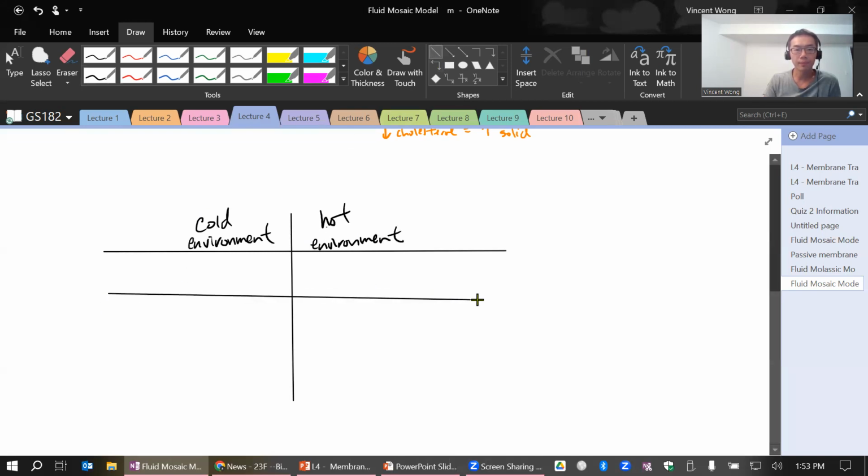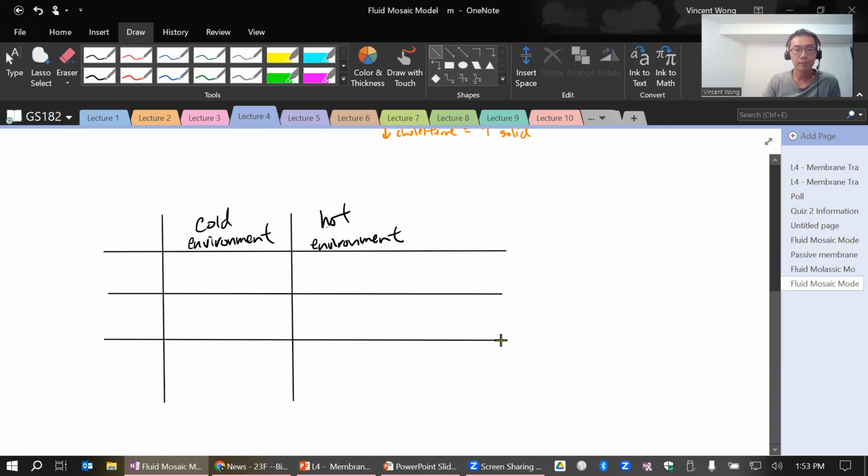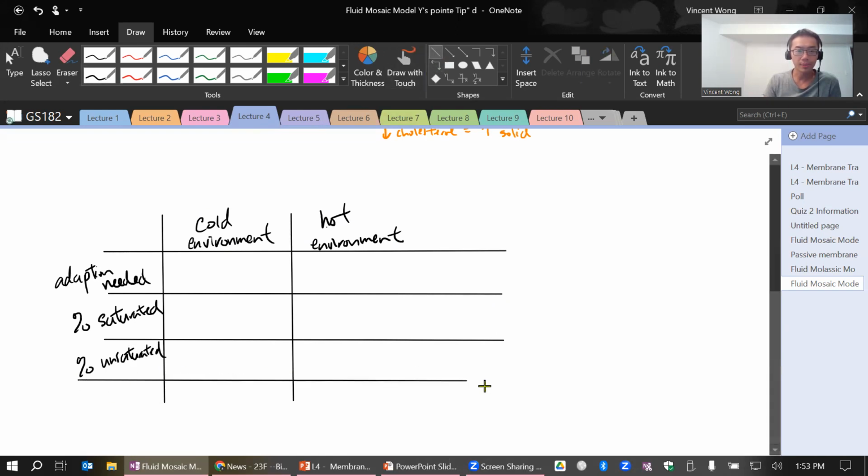We're going to look at adaptation needed. We're going to look at percent of saturated fat and percent of unsaturated, as well as cholesterol.